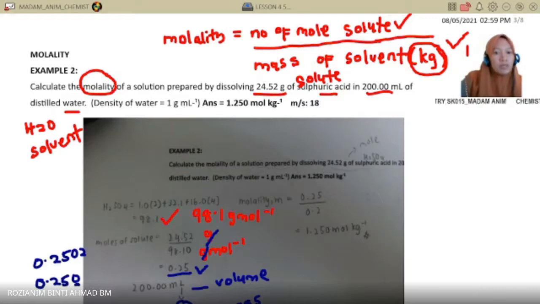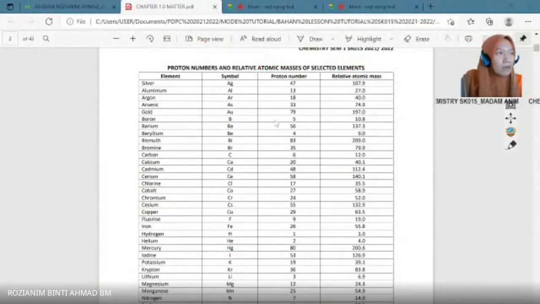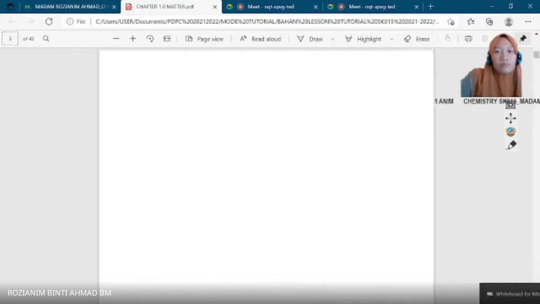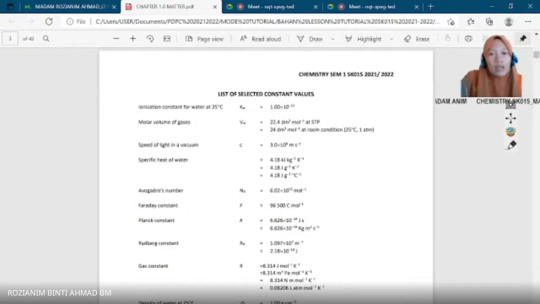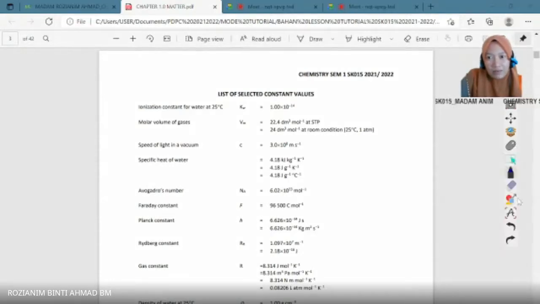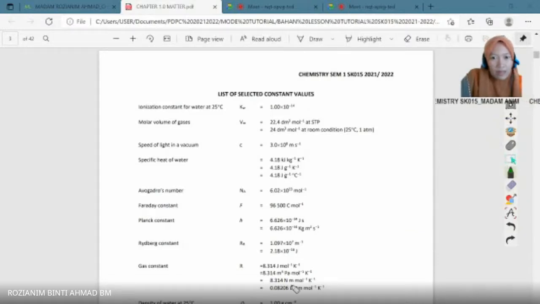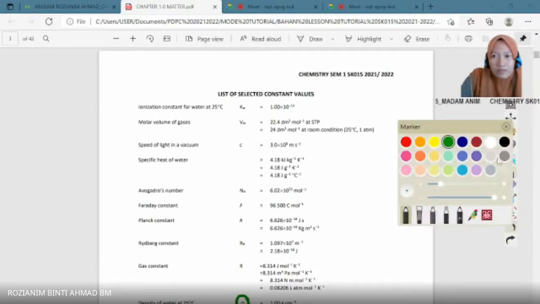You refer again to the relative atomic mass table, but page 3. Page number 3, at this area. Can you see here the symbol for density of water? Is it clear? Wait, I haven't scrolled yet.